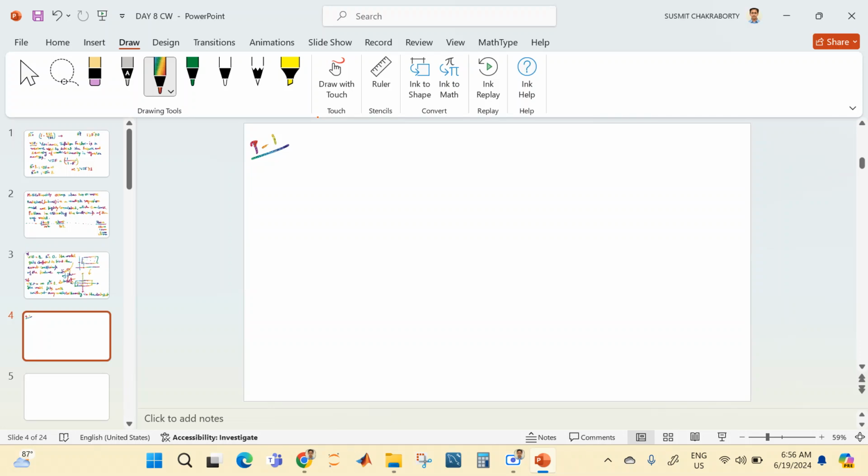Find the VIF of the model having the equation y equals 0.2x plus 2.